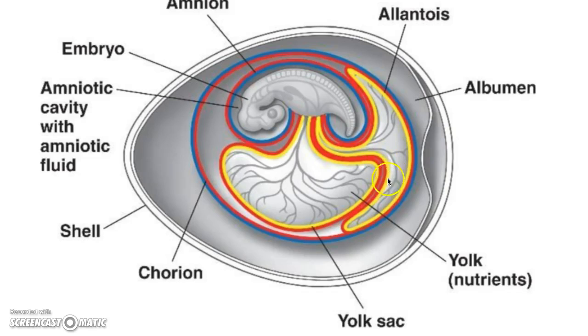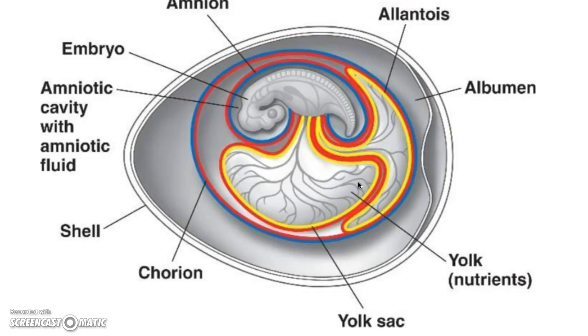Then you have the yolk sac here, which is an offshoot of the embryo, and in eggs that are laid by reptiles and birds and monotremes, the yolk sac contains all the nutrition and raw materials that are necessary for the developing embryo. The yolk sac is still present in placental mammals, it's just much smaller, and so it only plays a role in nutrition in the very early stages of development.